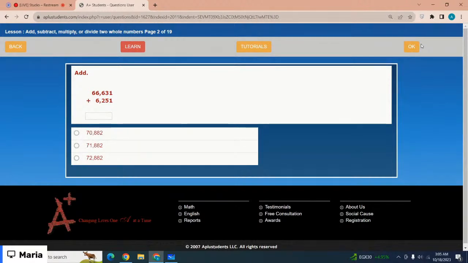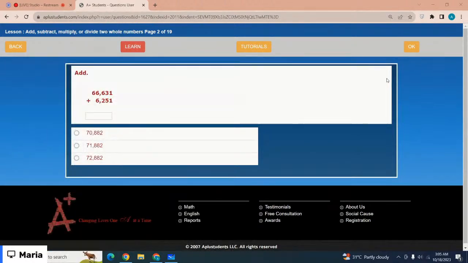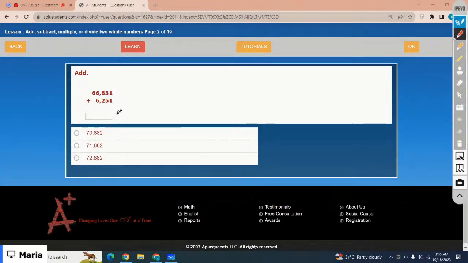So when you add: 1 plus 1 is 2, 5 plus 3 is 8, 6 plus 2 is 8, 6 plus 6 is 12, so 2, carry 1, and 6 and 1 is 7.